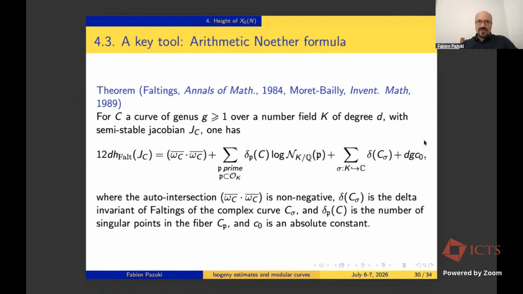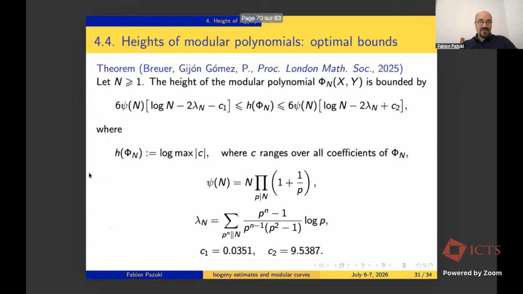Okay, so now I would like to move back to the good old modular polynomials, and I present my recent result together with Florian Breuer and Désiré Guijon-Gomez.